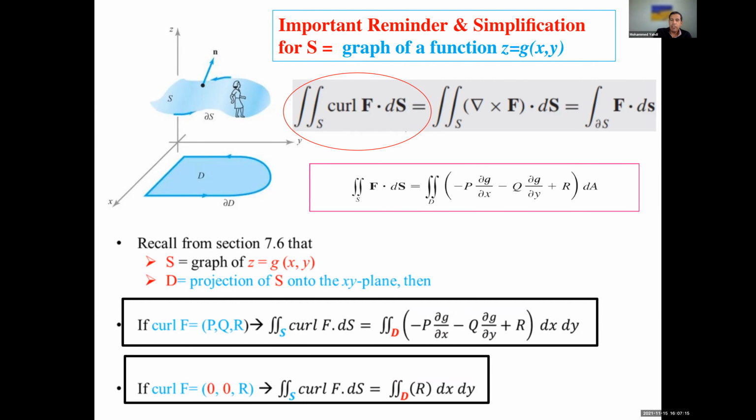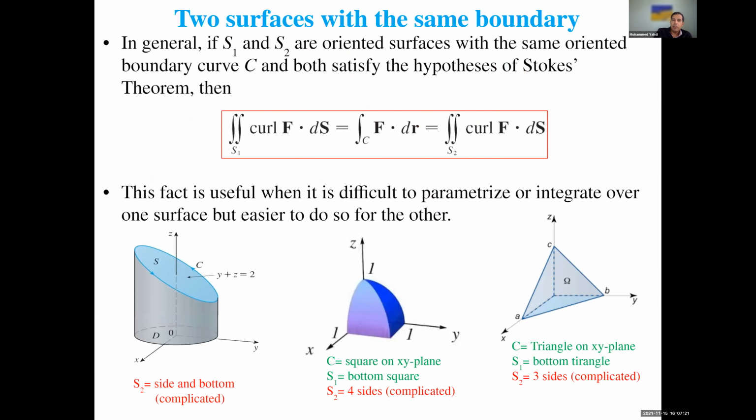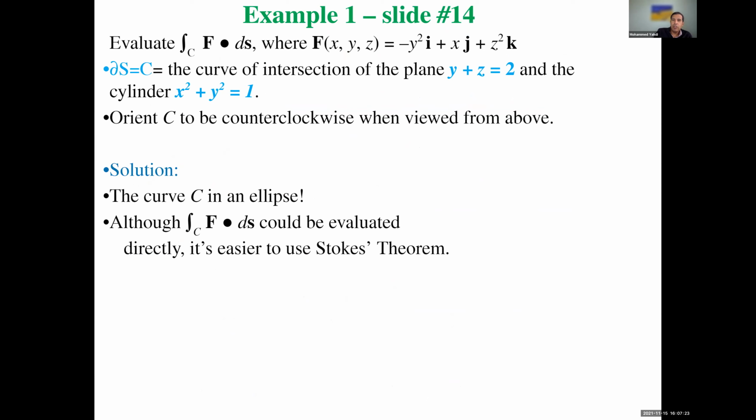So here, just highlight this, what I wrote like this. We did that for this example here. We have the plane, the surface is the plane y plus z equals 2, which means z equals 2 minus y, and it's inside the cylinder.